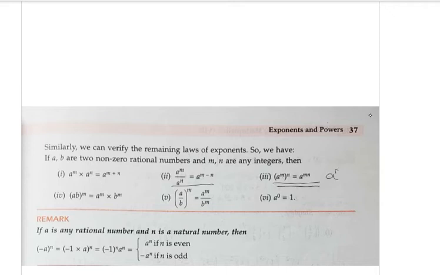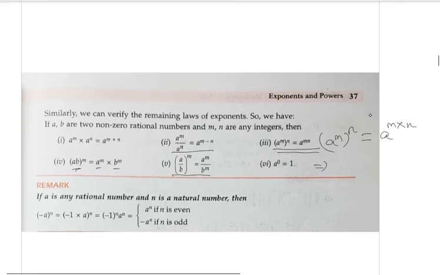a to the power of m, whole to the power of n, is multiplication of powers. If the bases are different but the powers are the same, the bases can be taken together and written with the same power, whether it is multiplication or division. And last but not the least, a number raised to the power of 0 is always 1, whether it's a positive or a negative number.